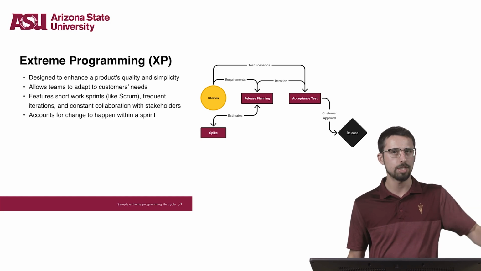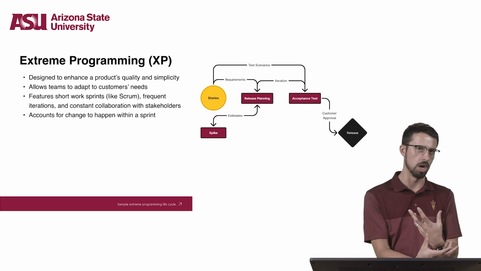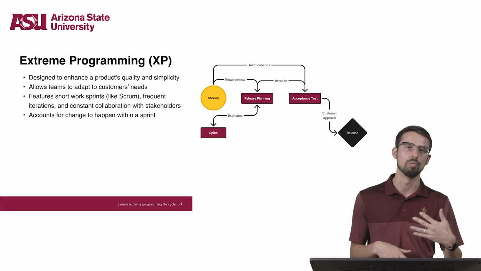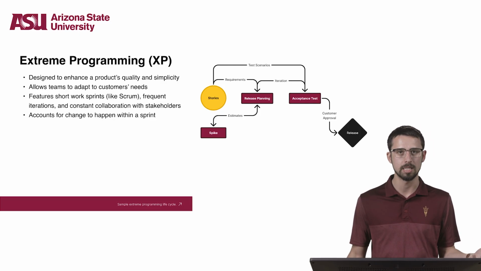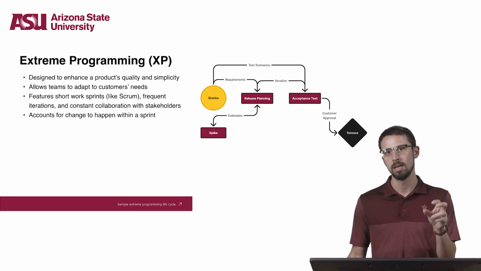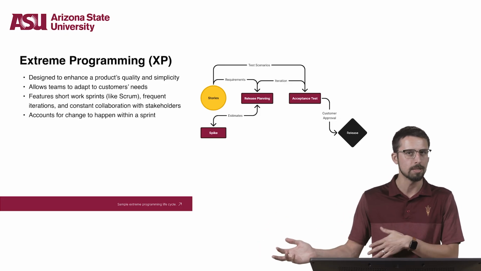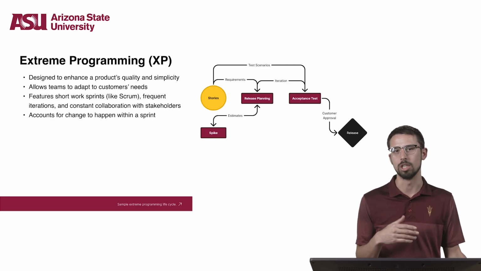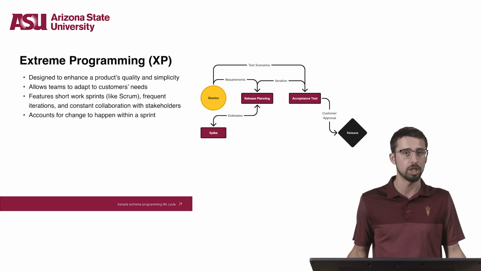Now, in case you're scrutinizing this diagram and wondering what all of these phrases are, the term spike is a task to research a question and resolve problems. Release planning is the process of defining the scope, timeline, and objectives for a series of releases or iterations. So, in other words, the project plan, which we learned about in the previous lecture as being scope, timeline, and budget.